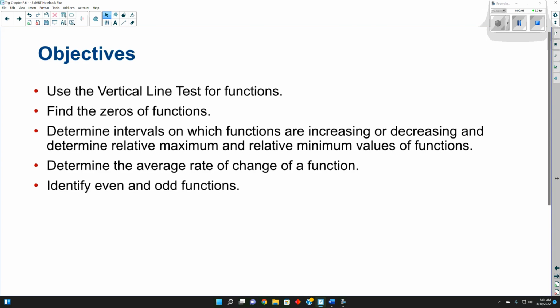Now, what we're looking at today is the vertical line test, finding zeros, determining intervals where the function is increasing, decreasing, determining relative minimum, relative maximum, and these different parts of a function's graph. Out of all of these, there's only one main one that's going to be new, and it's identifying even and odd functions.